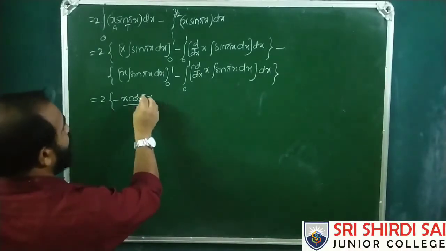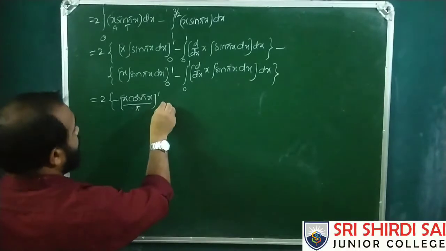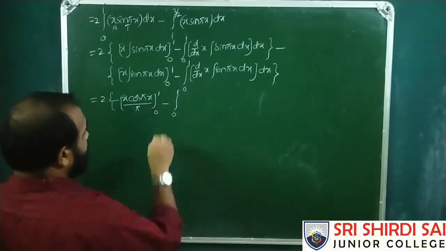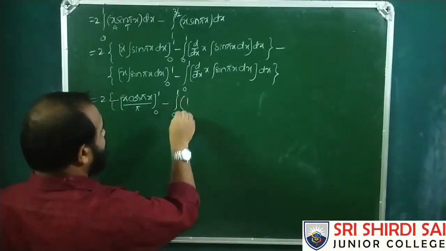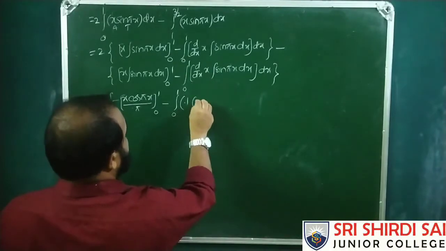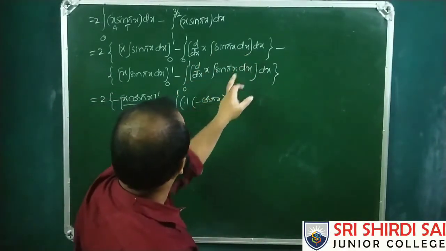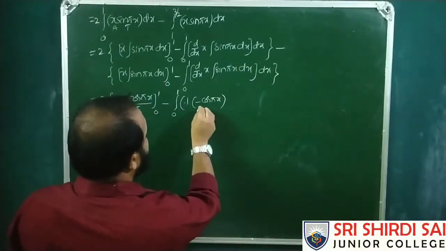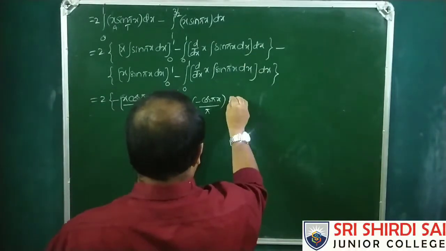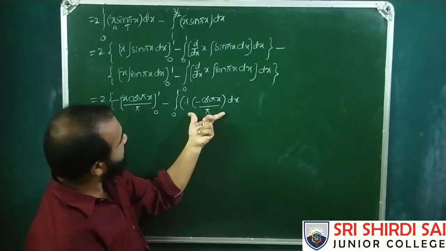So since the process is over, 0 to 1 is to be written here, minus 0 to 1, d by dx of x is 1, integral sin pi x is minus cos pi x by pi, into dx. Integral sin pi x dx is minus cos pi x by pi.